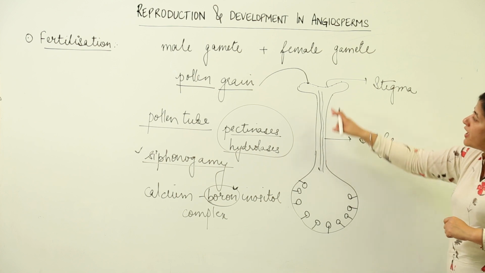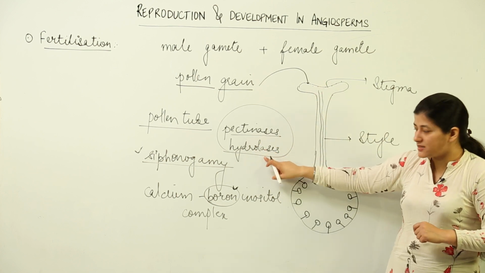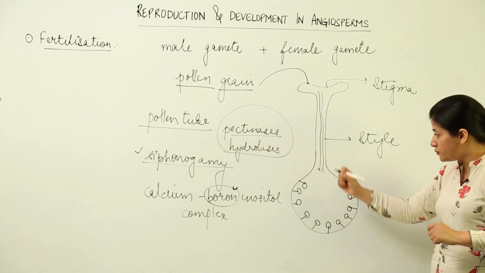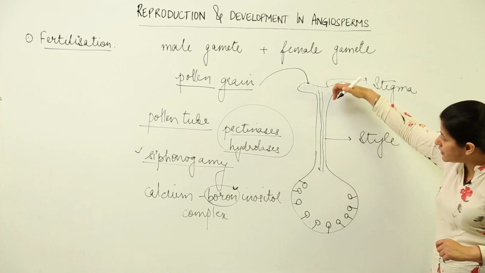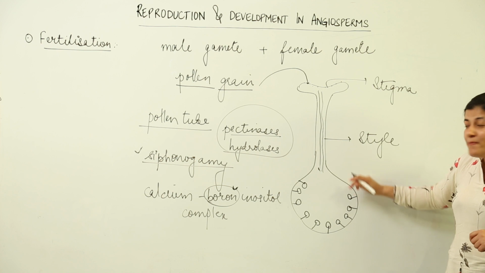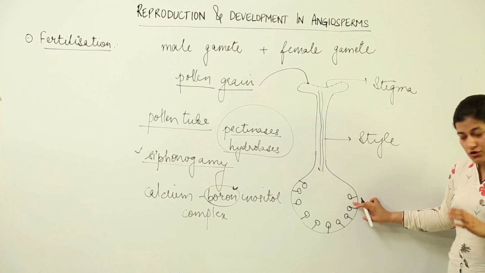of the pollen tube. As soon as the eating up of the style tissue by pectinases and hydrolases begins, it is this complex which provides the stimulus so that the pollen tube extends towards the ovule and the pollen reaches the micropylar end of the ovule.